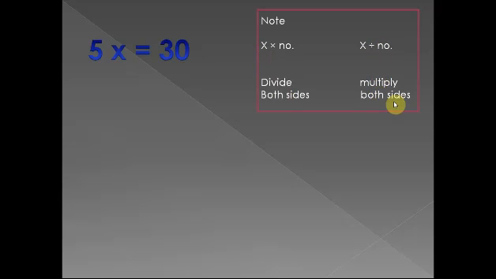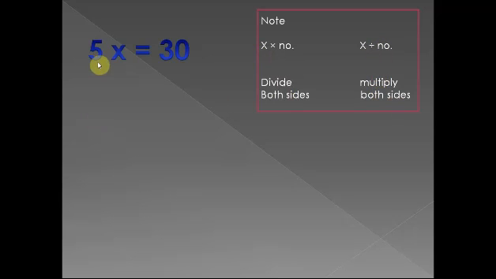5x equals 30. That means here I have 5 multiplied by x. We should note that if x is multiplied by a number, we will divide both sides. If x is divided by a number, we should multiply both sides.